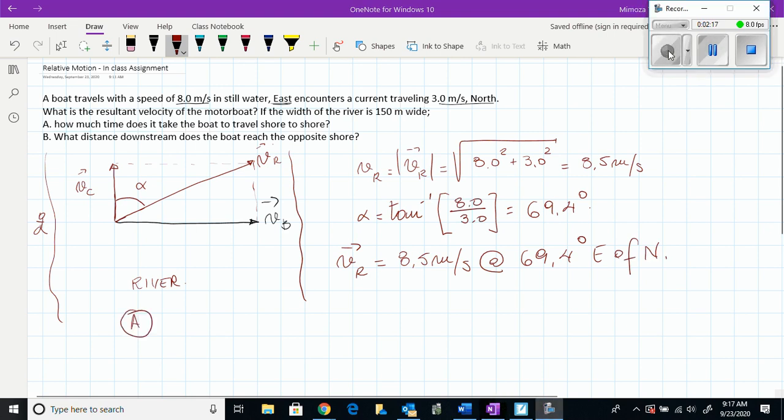Now, for how much time does it take the boat to travel shore to shore?